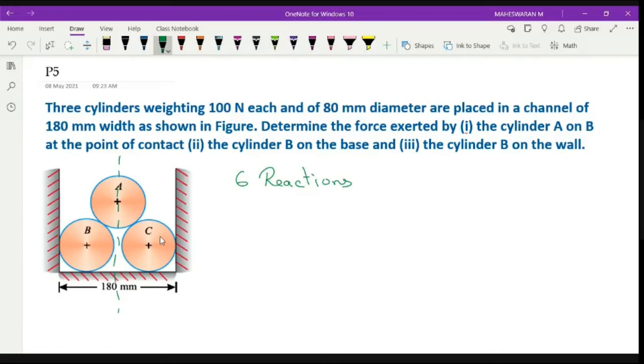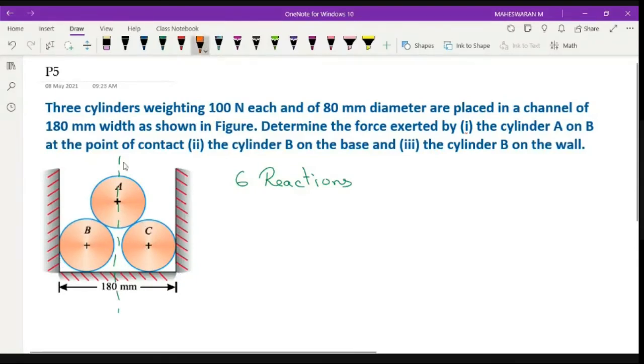All the weights are the same and the diameters are the same. If there is a difference in either diameter or weight, then it is not symmetrical, and you have to identify everything. Otherwise, you concentrate on any two. Whatever reactions you get here will be equal to this.